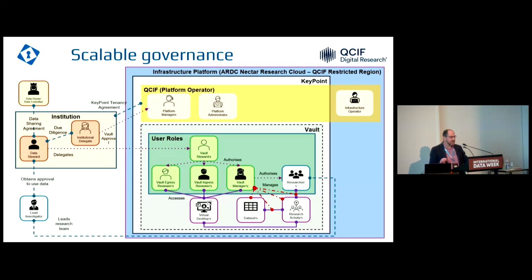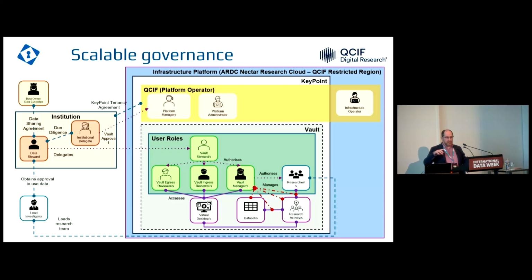One of the key things that we've done here is around scalable governance, and I just touched on that a moment ago. You can see in the top left, we've got our data owner or data custodian. In our use case, we're largely dealing with research institutions.